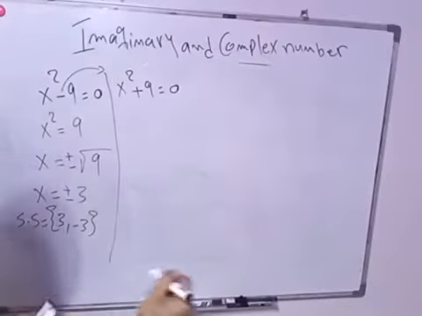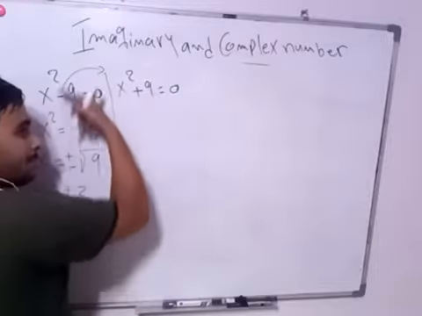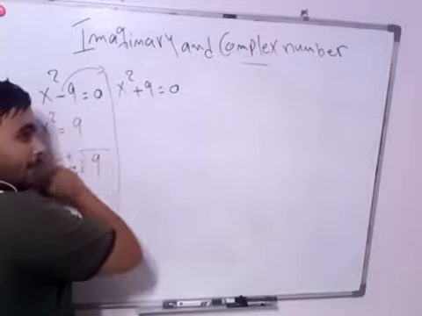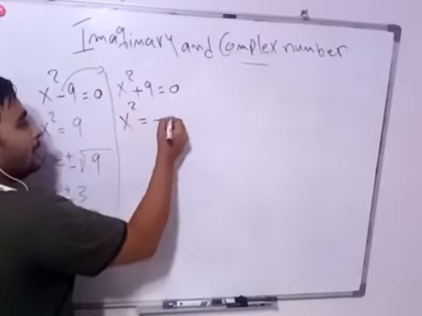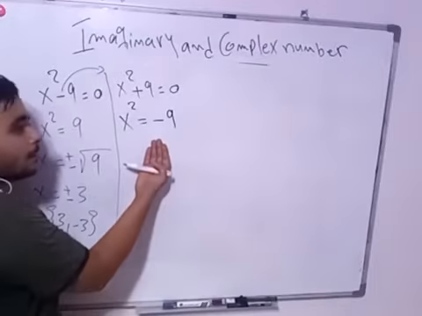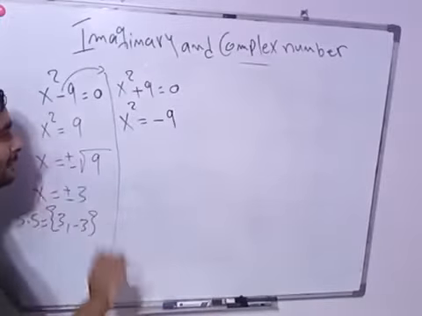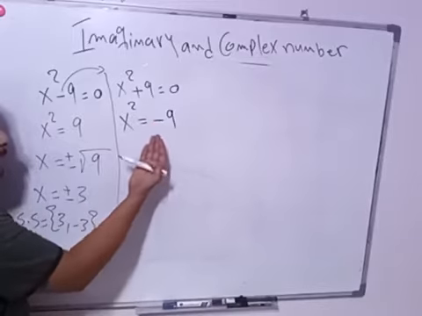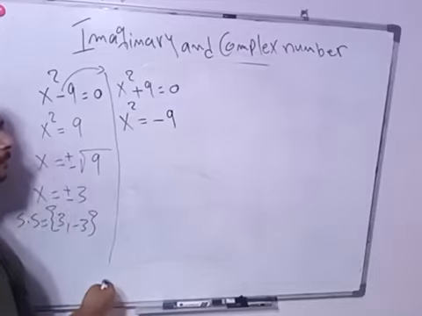Yes, but by using the same steps from the previous example, I have x power 2 equal negative 9. I have a problem here because I don't have any square root of any negative number.